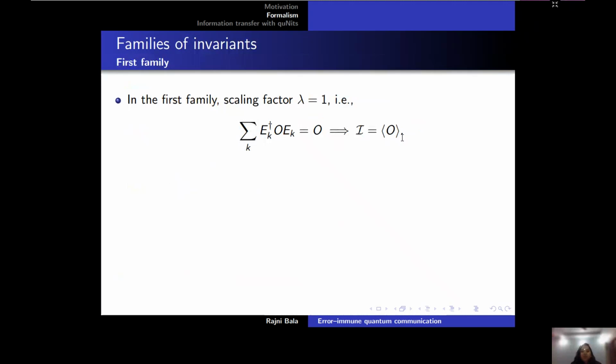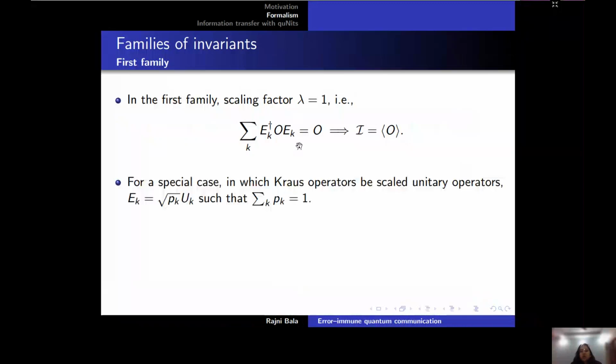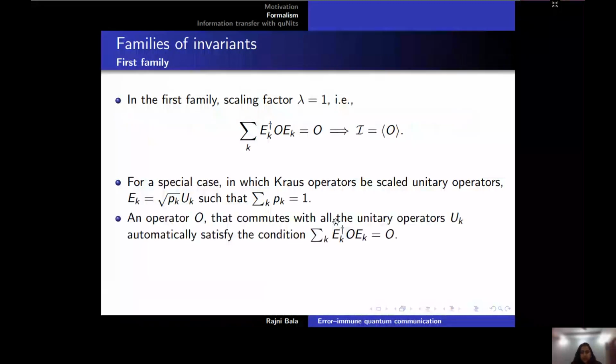Till now, we haven't made any assumption about these Kraus operators. However, if you consider the special case in which these Kraus operators are scaled unitary operators, that is, we can write E_K as the square root of P_K times U_K, where U_K is a unitary transformation and P_K is the corresponding associated weight. So for this noisy channel, this condition is trivially satisfied by all the operators that commute with all these unitary operators.